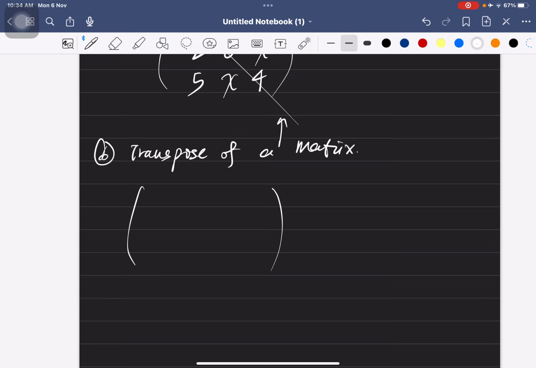For example, the matrix A has entries A11, A12, A13, A21, A22, A23, A31, A32, A33. Transpose of a matrix is basically you write the row as a column and the column as a row. The original first row now becomes the first column of the new matrix.